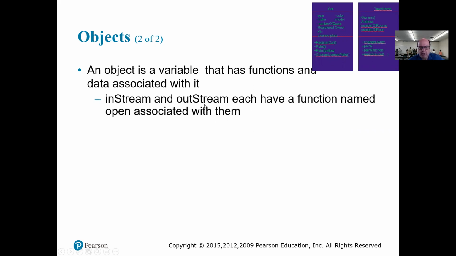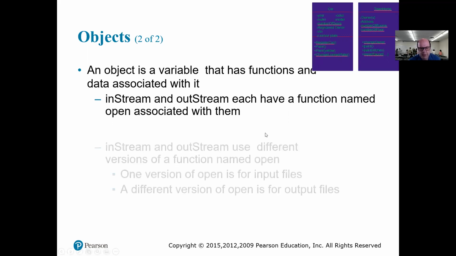So in stream and out stream are objects of the ifstream and ofstream classes, and there are a bunch of functions already written that are available for me to use when I have an object of the class.